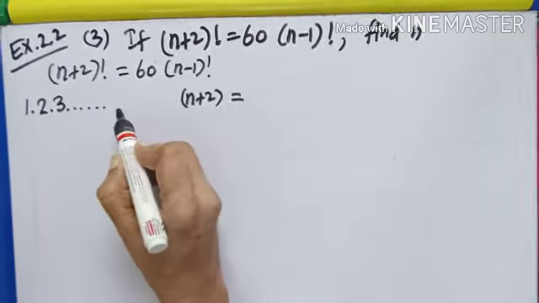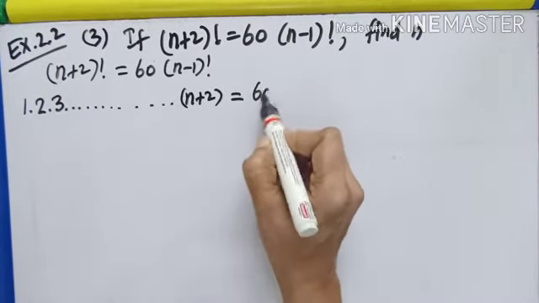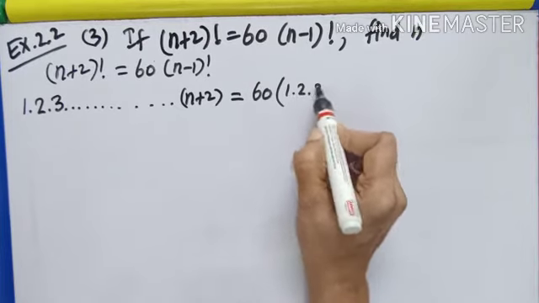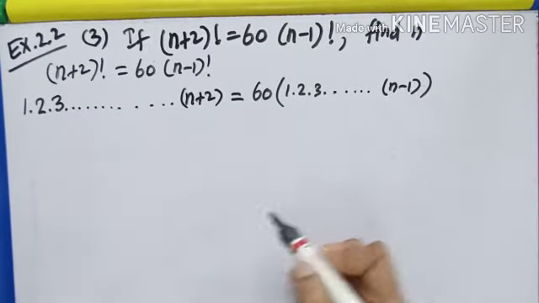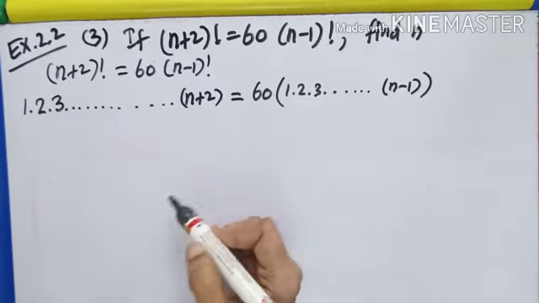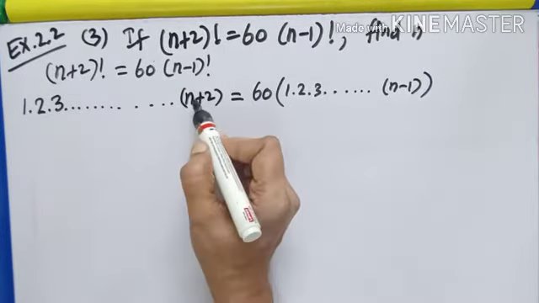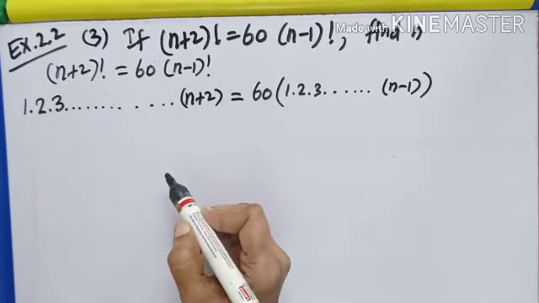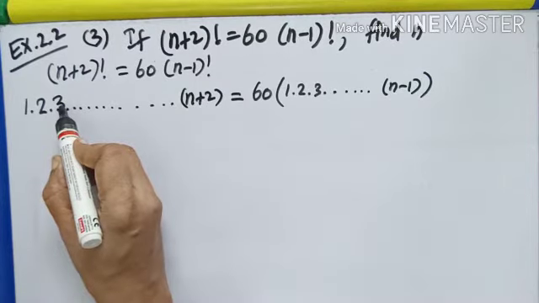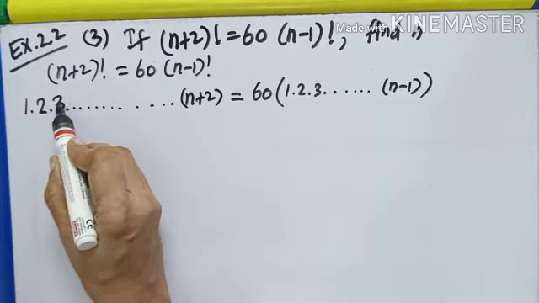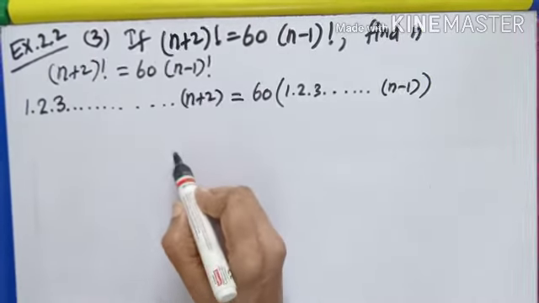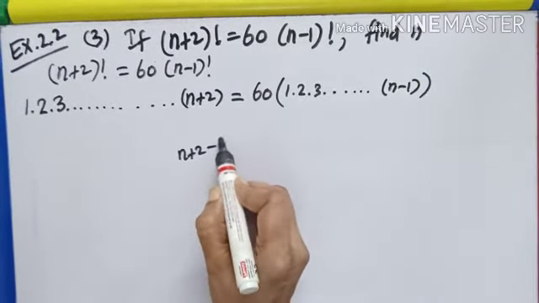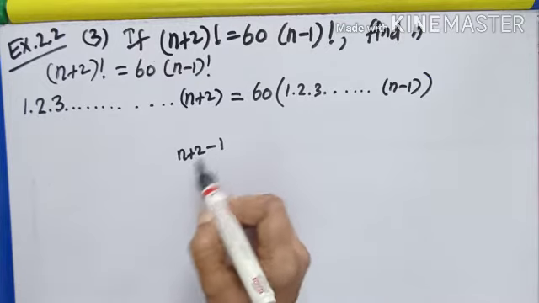The right hand side, 60 into 1, 2, 3 up to which number? n minus 1. Now I need to cancel, for which try to write the previous numbers. For 3, what is the previous number? 2. How did we get it? 3 minus 1. So for n plus 2, the previous number will be n plus 2 minus 1. What do I get?